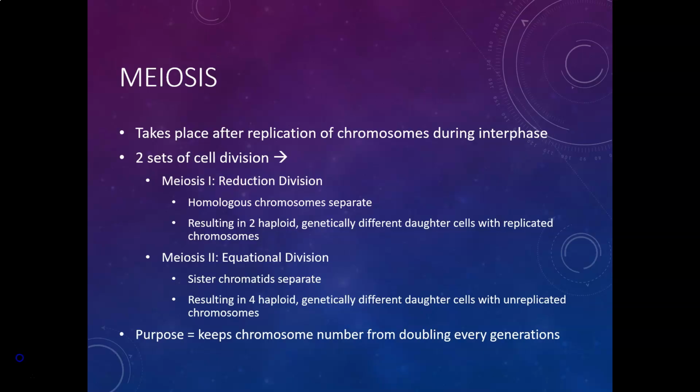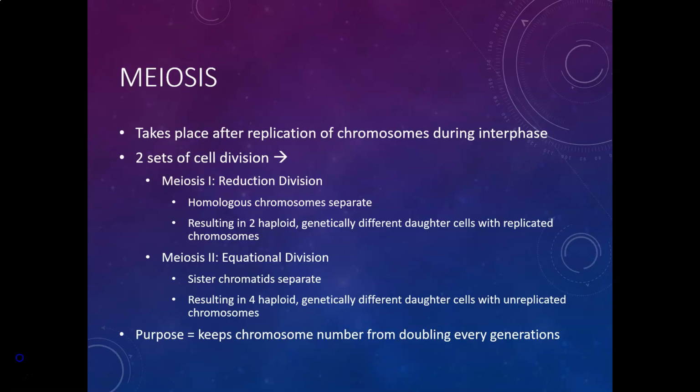So when we look at those sets of cell division, it's going to occur as meiosis 1, which really is the reduction division. We're going to take that diploid cell, the homologous chromosomes are going to separate, and by the end of that first round of cell division, we have two haploid cells. And those haploid cells are genetically different from each other, and they are genetically different from the original parent, not only in the sense that they have half the chromosome numbers, but even the arrangement of those chromosomes is going to look different by the time we get through the end of meiosis 1.